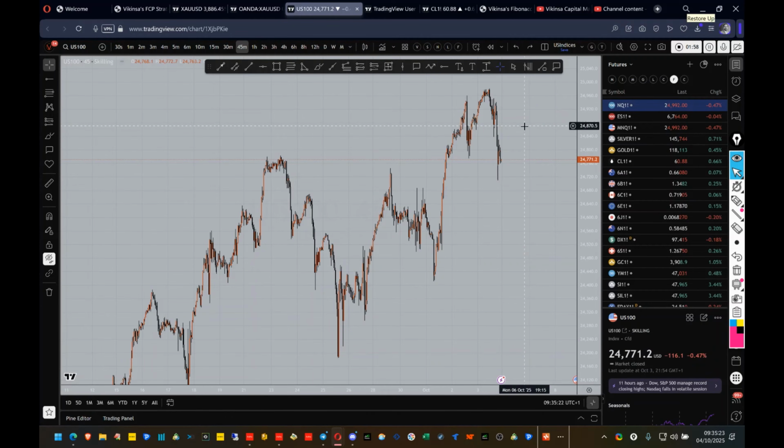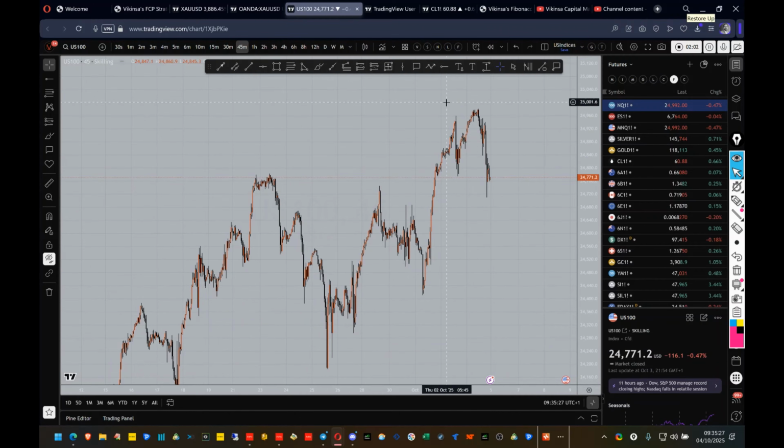Now what we can also see is that this one has not hit 25,000 yet. It is yet to hit that. So it does not matter which chart you're looking at, but in my opinion, you should look at what the futures chart is also doing at times. Why?